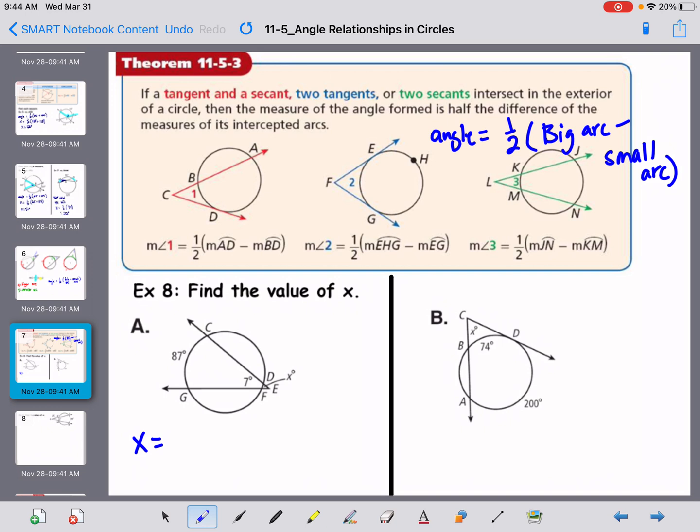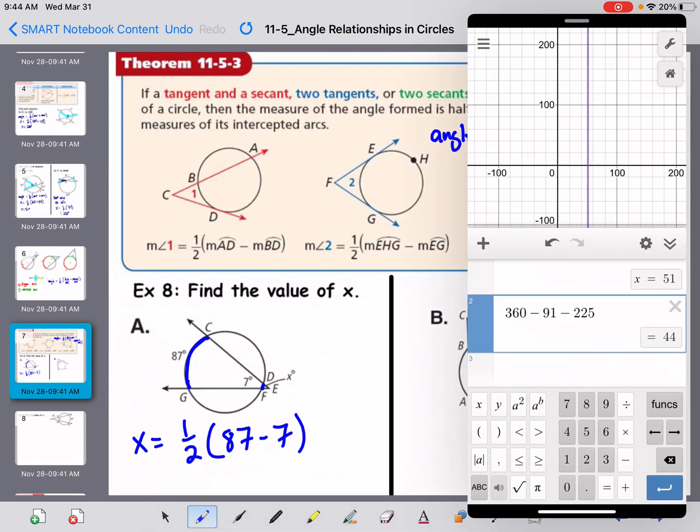So when I look here, I need a half. The bigger arc is right here. The big one is 87, and the small one is 7. So 1/2 of 87 subtract 7.